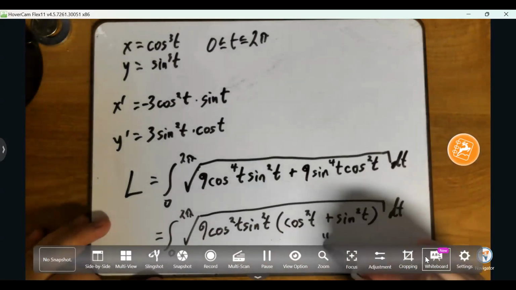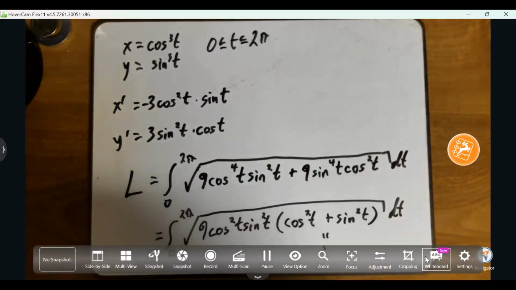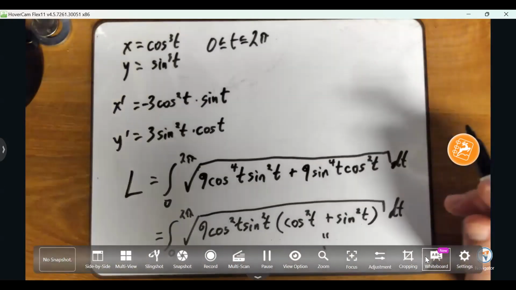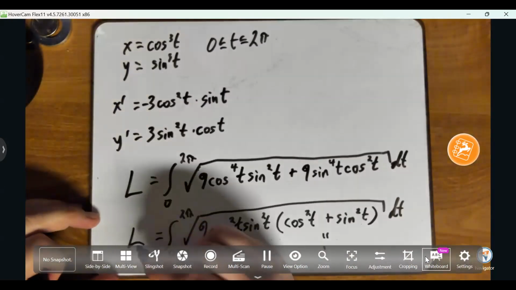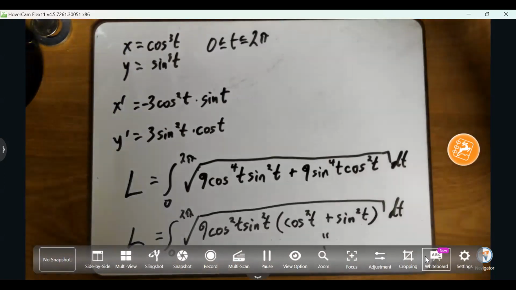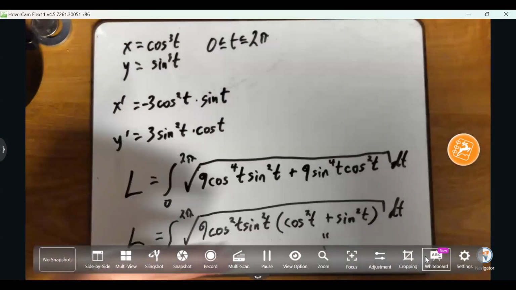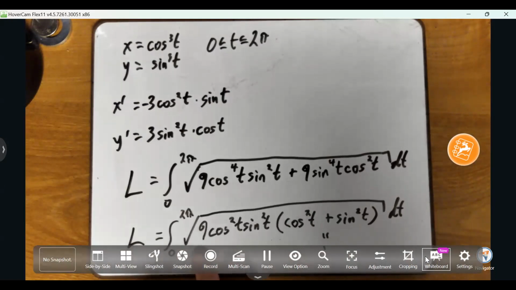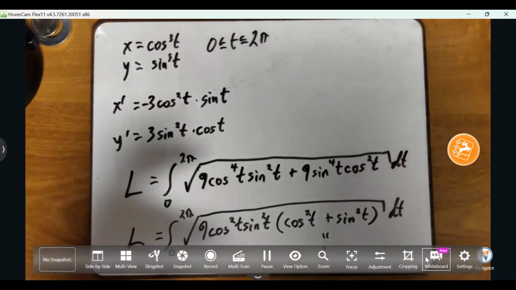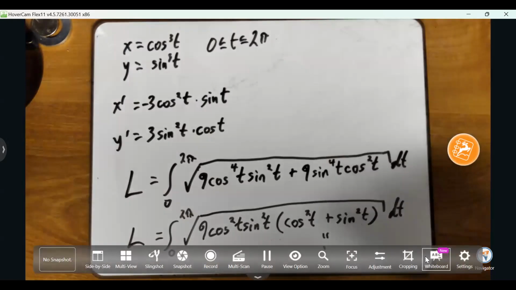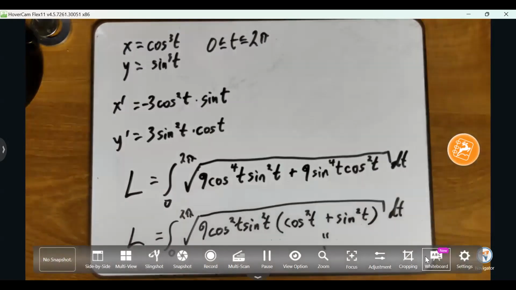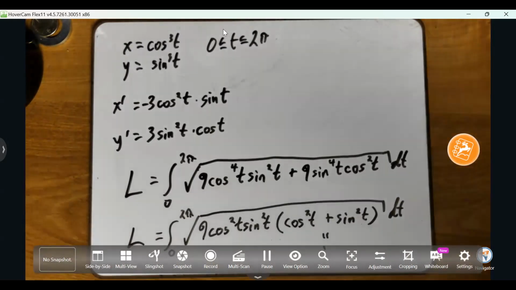Then this is 1, and this is a perfect square, and so it simplifies a great deal, but not always. So trig functions for a lot of these are going to be your friends. So that's 1, and you end up with 3 cosine t sine t. That should be doable by u substitution or whatever trick you like the most. So I'll leave that to you. But just my word of warning: trig identities are often your friend here.